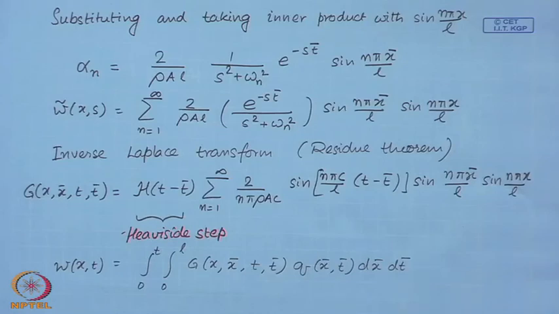So, we know how to solve using the Green's function method. Here we have used the modal expansion technique to solve the boundary value problem. In a previous lecture we have seen how the Green's function was solved in a different method. So, this approach gives us a very powerful method of solving forced vibration problems of continuous systems.